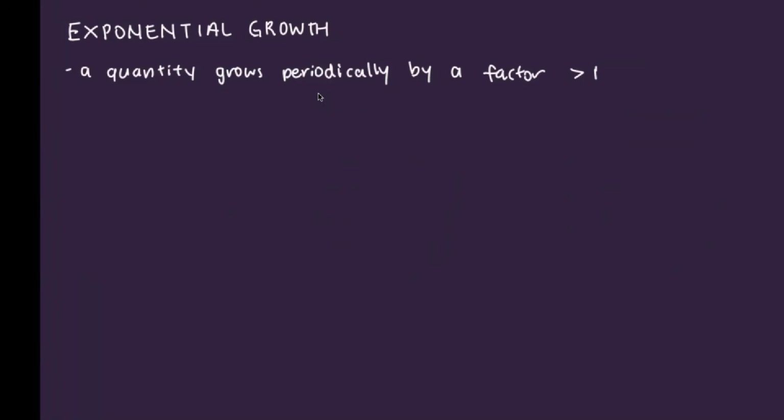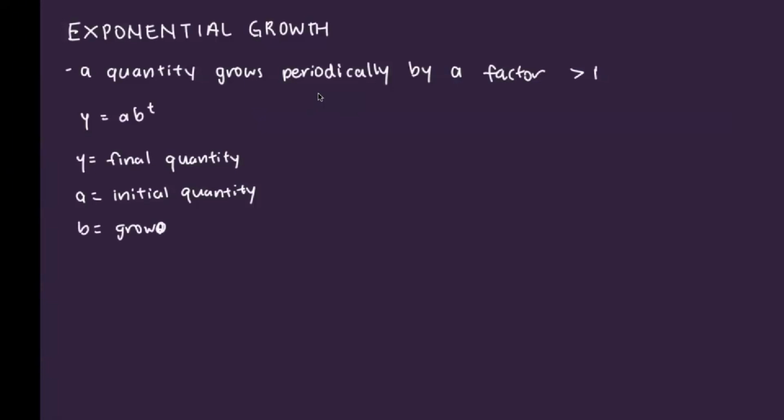Our equation is y equal to a times b to the t, where y is our final quantity, a is our initial quantity, b is our growth factor, greater than 1, and t is our time.